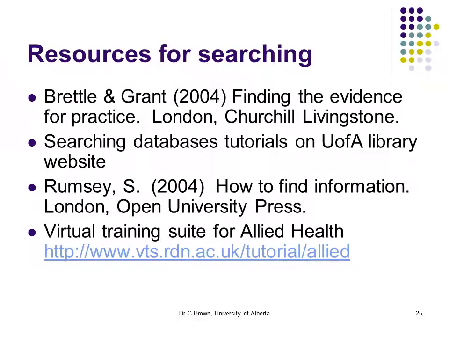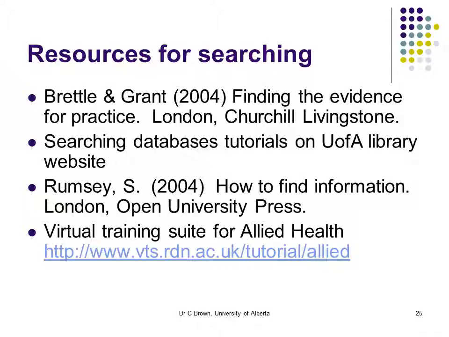Okay, and so some last resources that you might find helpful. If you're really struggling about how to search, Brettel and Grant, they've got an interesting book about how to write PICOs. There are all kinds of tutorials on the U of A library website, but you've already done Scopus once, so brush off those skills and think about it. And many of the same lessons that you learned in Scopus will help you with CINAHL and PubMed and all the others. There's another textbook by Rumsey, How to Find Information.